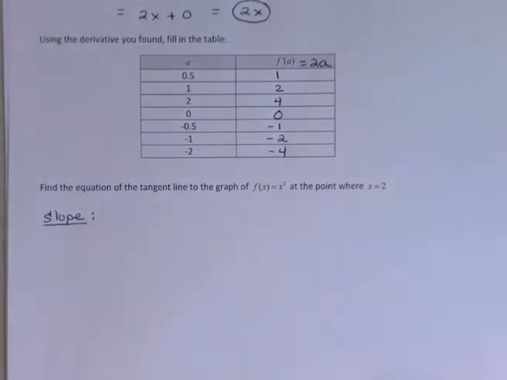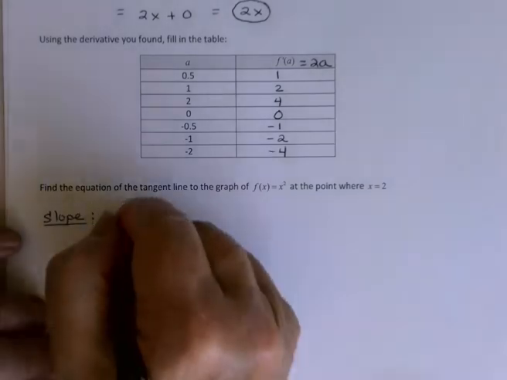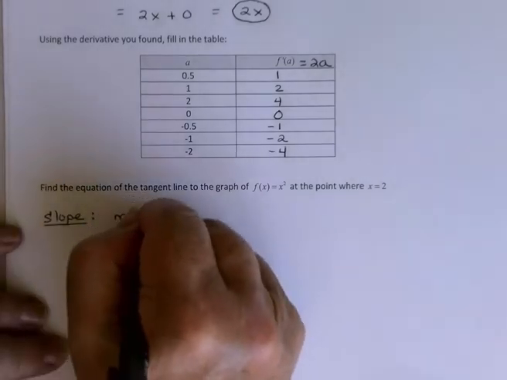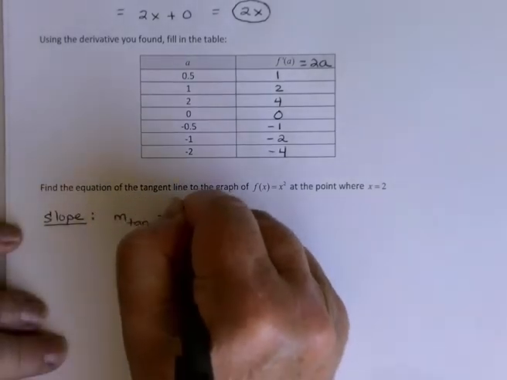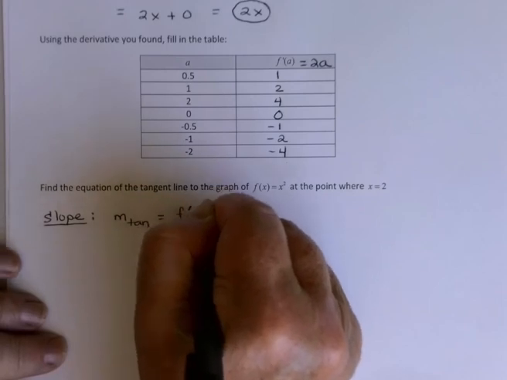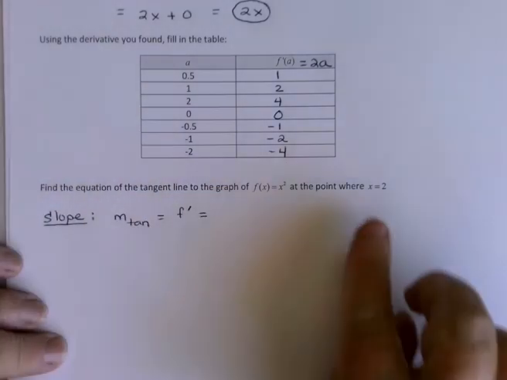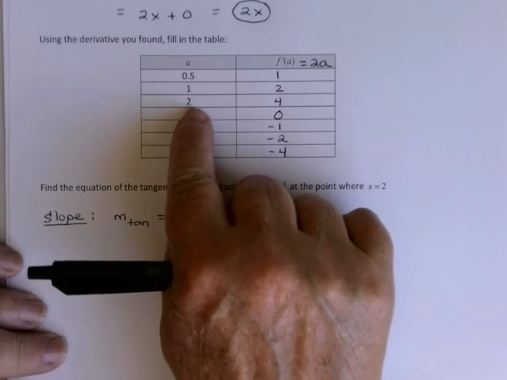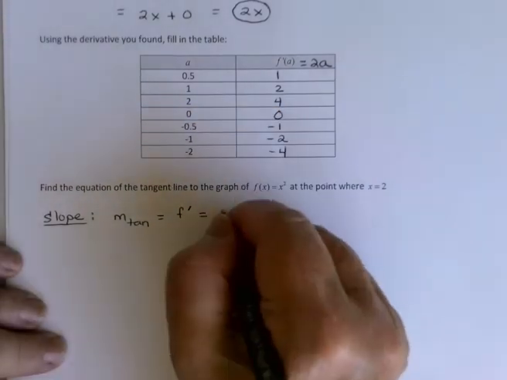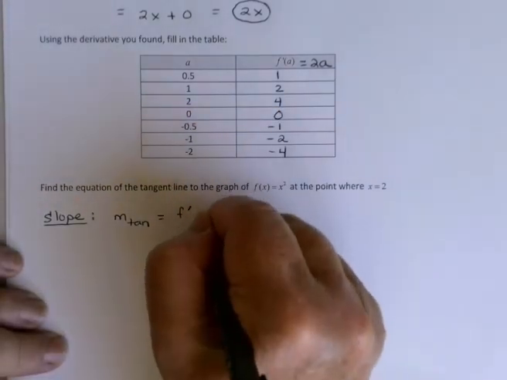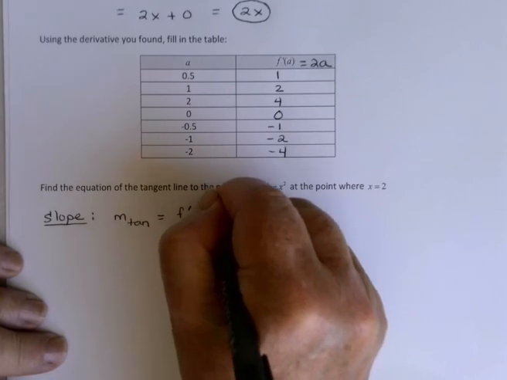So what we'll typically do for tangent lines is we'll say to get the slope of the tangent line, we'll always just use the derivative. And in this case, since it was x equals 2, I can actually grab that right off of here. We already have it. It's 4, specifically for x equals 2.